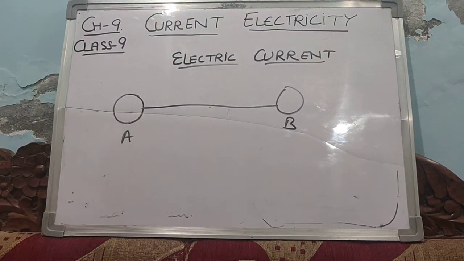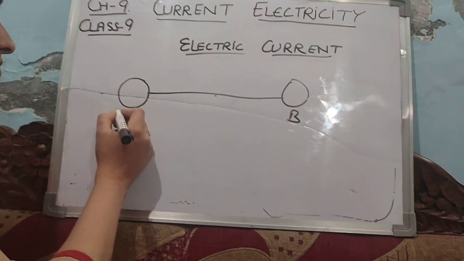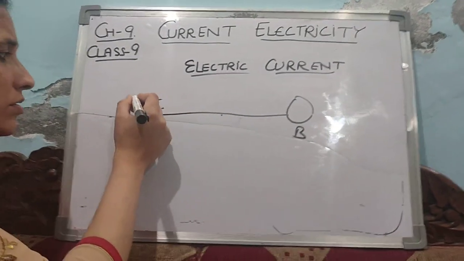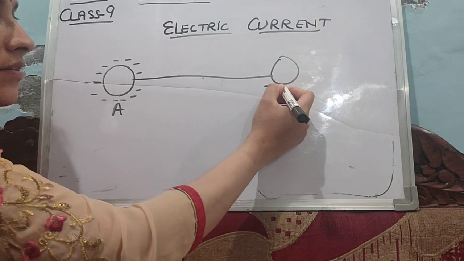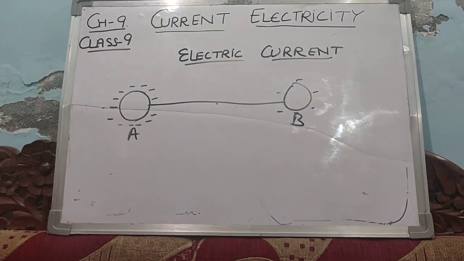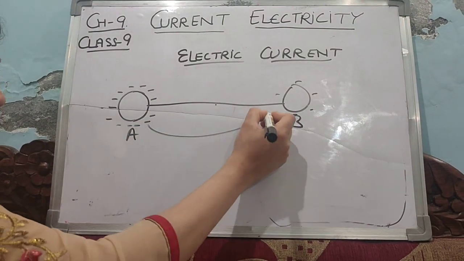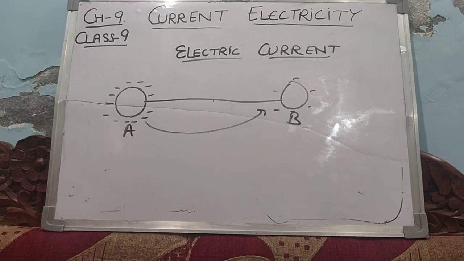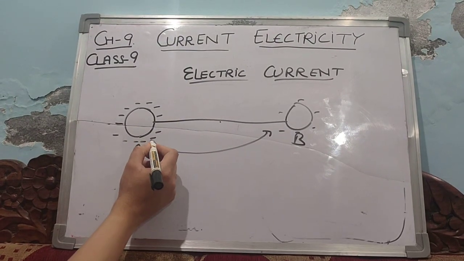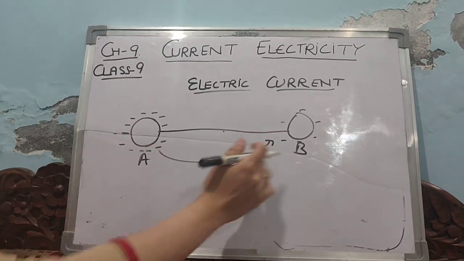Suppose body A has excess of electrons while body B has deficient of electrons. Deficient means it has fewer electrons. Now the electrons will flow from body A to body B. So the electrons flow from the body having high electrons to the body having low electrons.